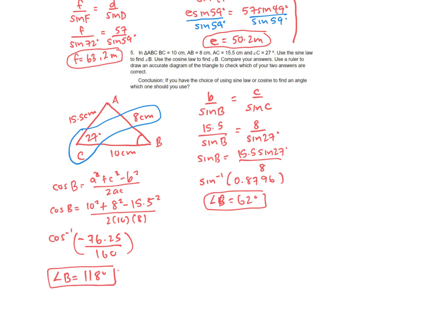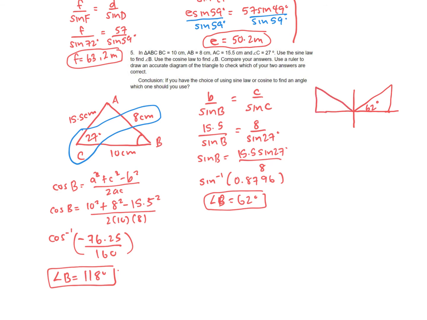So the question is, why did we get two different answers? We got 62 when we use sine law, but we got 118 when we use cosine law. So if you think back to our quadrant trig, 62 degrees would be in quadrant 1, right? We measure from 0 in the counterclockwise direction.